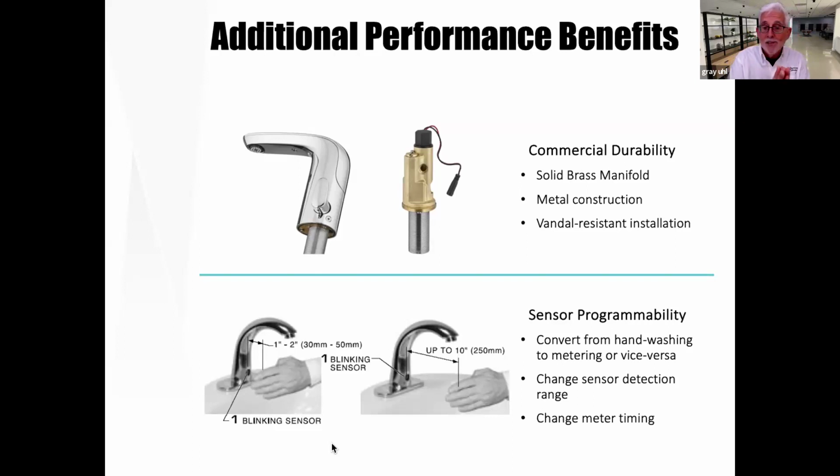What that allows us to do is that either at site or from the factory, they come completely programmed, but you can make adjustments to the sensor range, the time, the programming, the metering. There are all sorts of things where you can customize the individual faucets on the site to deliver a need. You talked about stagnant water. One of the things you can program these electronic faucets to do is a flush.